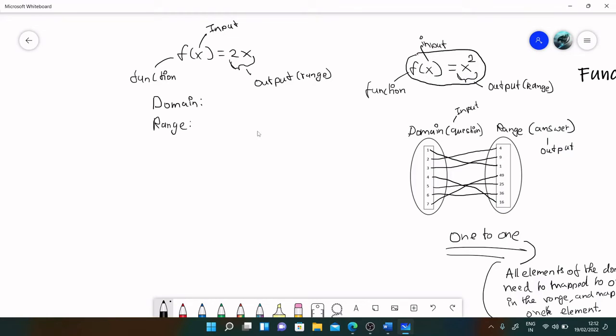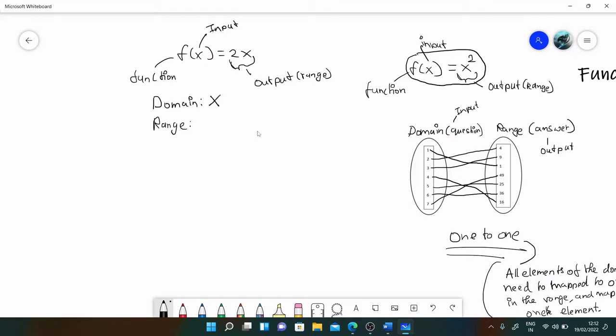Domain is a set of inputs and a range is a set of outputs. So we need to think what all values can be multiplied by 2. A better way to do this is to think what values cannot be multiplied by 2. Are there any values that can't be multiplied by 2? No, I don't think so.